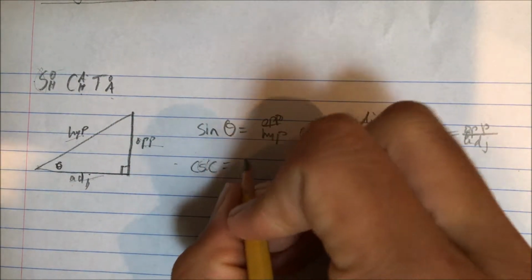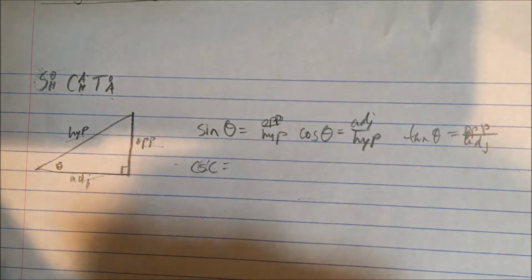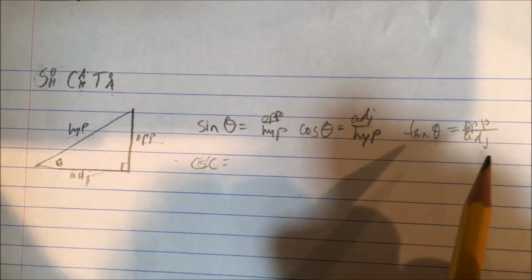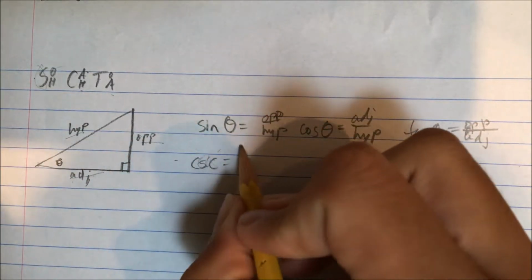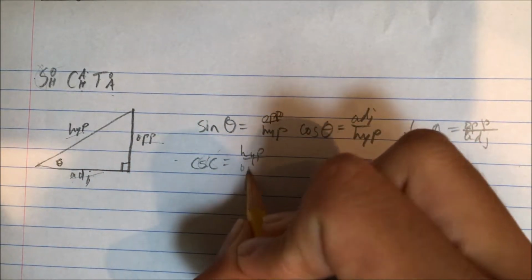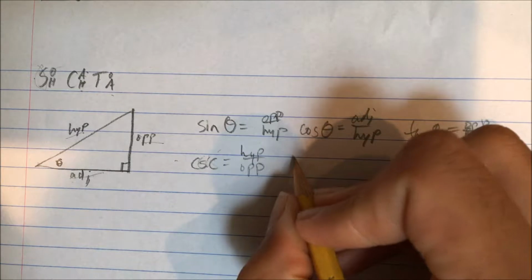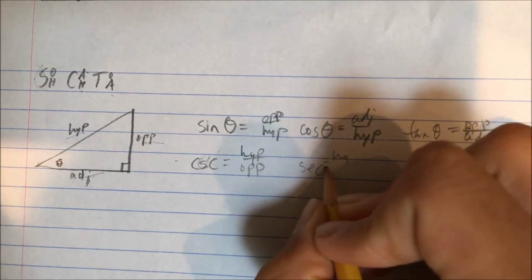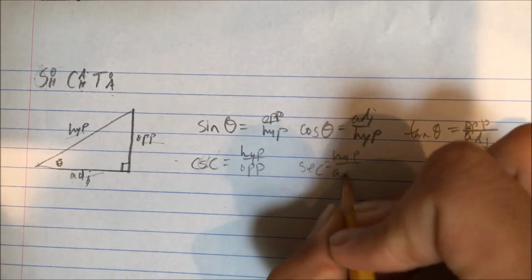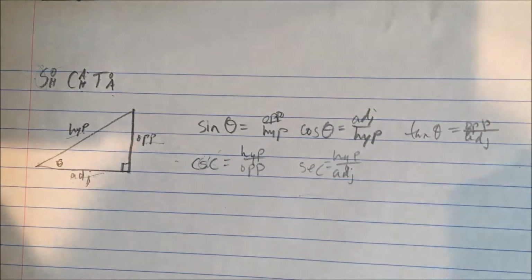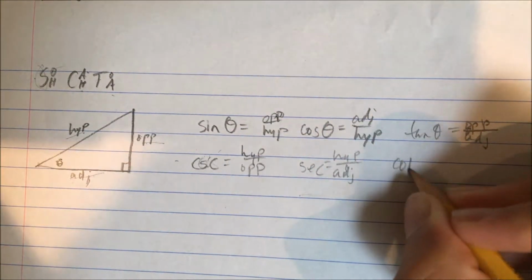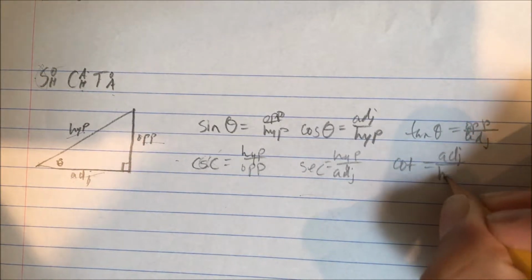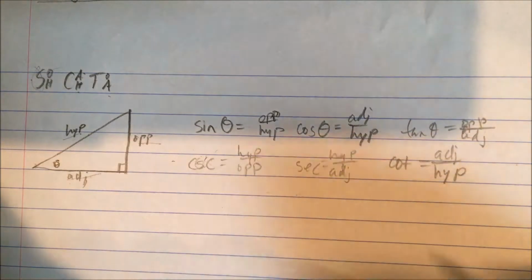Since they're the reciprocals of these functions, we can find their definitions by just taking the reciprocals of these. So cosecant is hypotenuse over opposite, and secant is hypotenuse over adjacent. Cotangent equals adjacent over opposite.